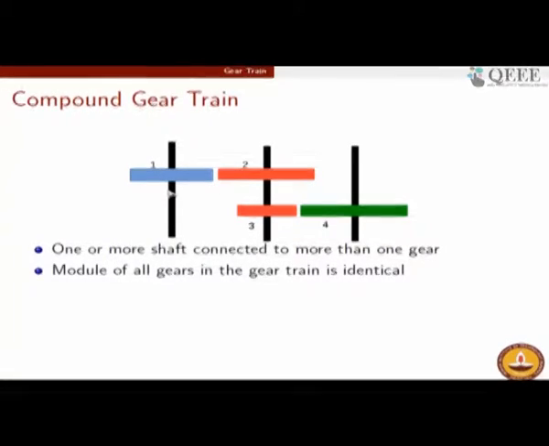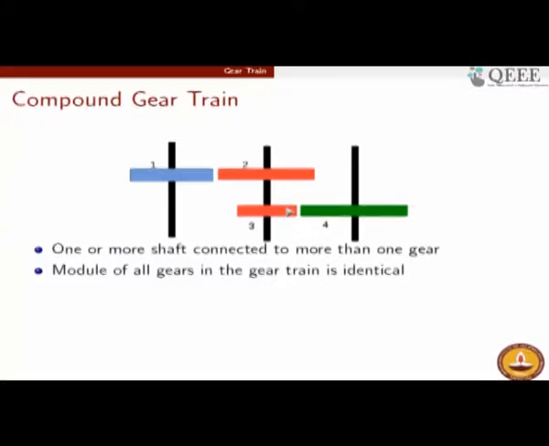As usual, module of all the gears are supposed to be identical. Actually what is required technically is that module of gear 1 and gear 2 is supposed to be equal. Similarly, module of gear 3 and gear 4 is supposed to be equal. There is no technical requirement that module of gear 2 be equal to module of gear 3.